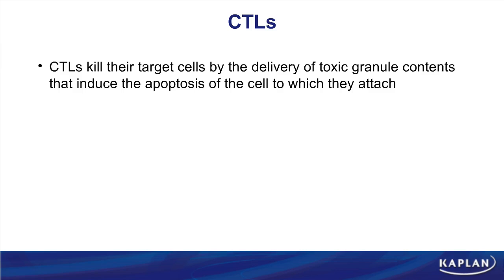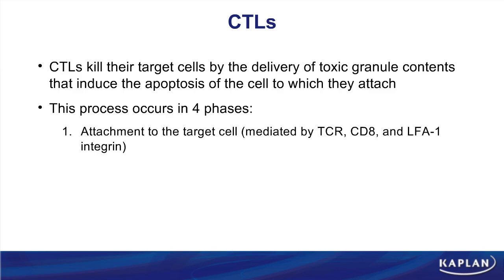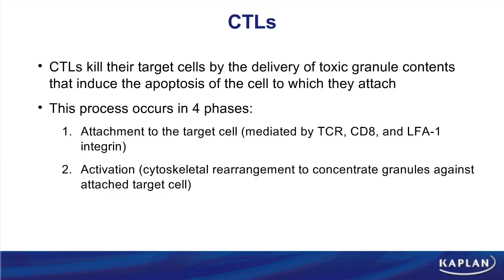So for a cytotoxic cell, the first step is, of course, that we have to attach to the target cell. Now remember, the difference between this and a natural killer cell is that this attachment is specific through the T cell receptor and the class 1 MHC molecule. Then we get activation, which essentially means that the cytoskeleton rearranges so that the granules sort of face the interface between the target cell and the cytotoxic cell.